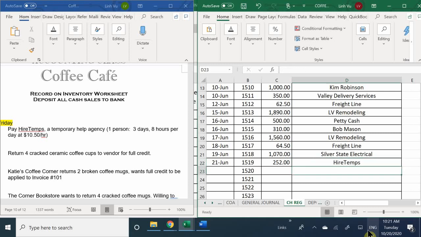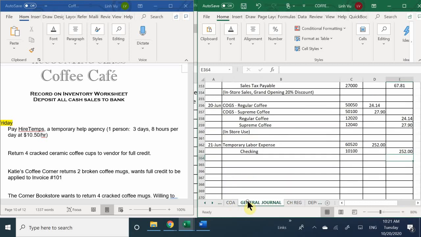Right, so now we know what check number we are dealing with: check number 1519. So now we can complete our journal with our description. So who was the vendor again? Hire Temps.